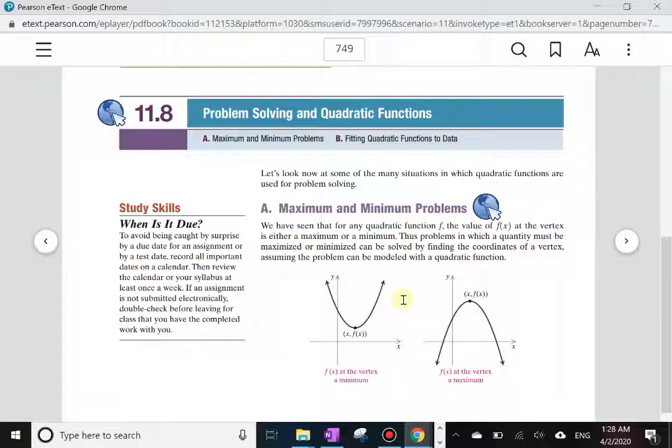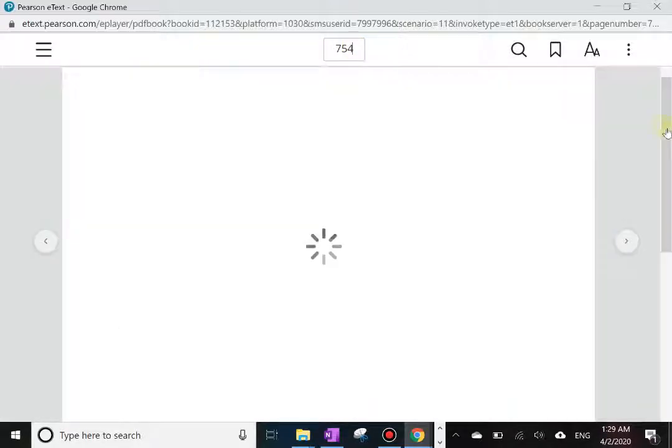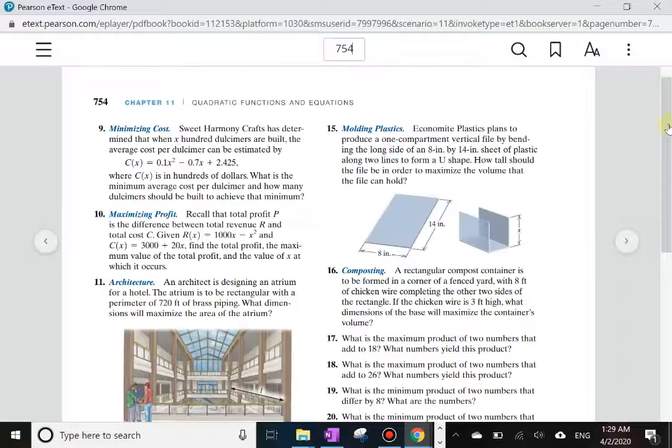And with that, I'm just going to show you the page of the exercises, so you see where I'm getting these exercises from. These are on page 754 of your textbook. And I believe you're doing exercises number 13 and number 11.